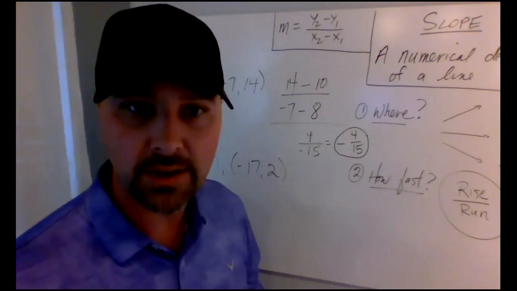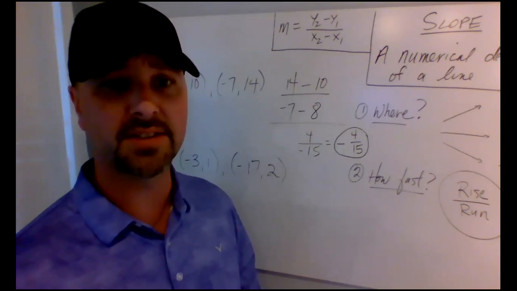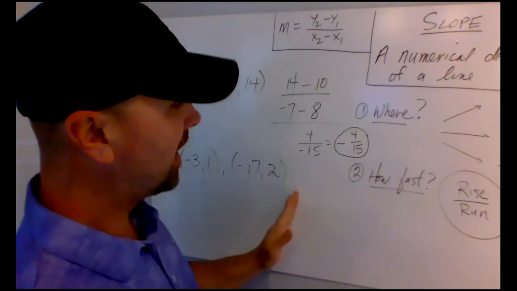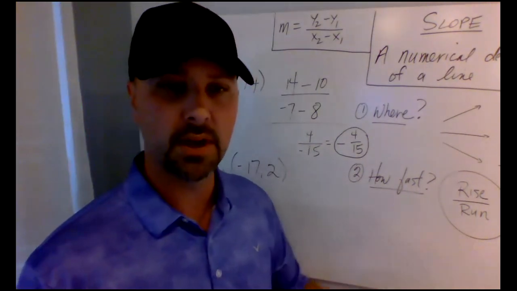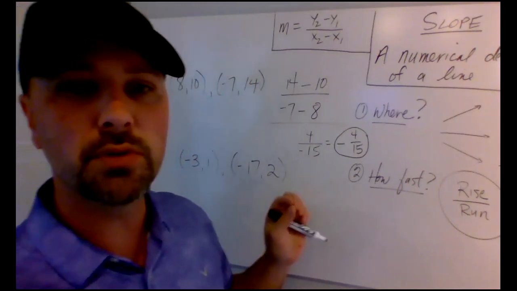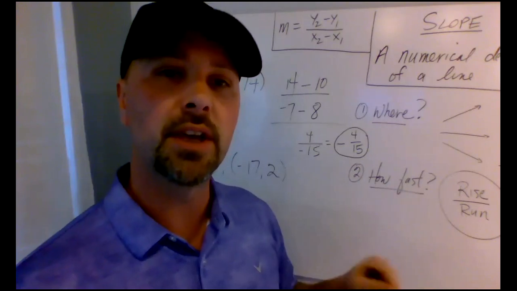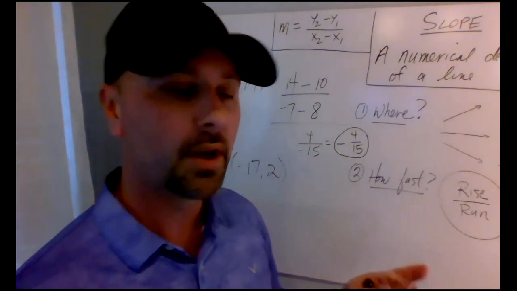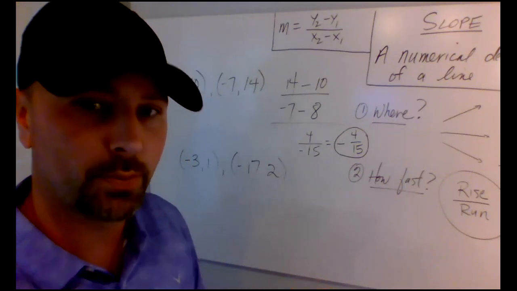What do we know about that line? We know it's negative, so it's dropping. How fast is it dropping? Well, it goes down 4 and then over 15. So what we know is it's moving faster across than it is down. It's a little steeper than that last one. I think the last one was 1 over 11, but it's still pretty gradual slope there.